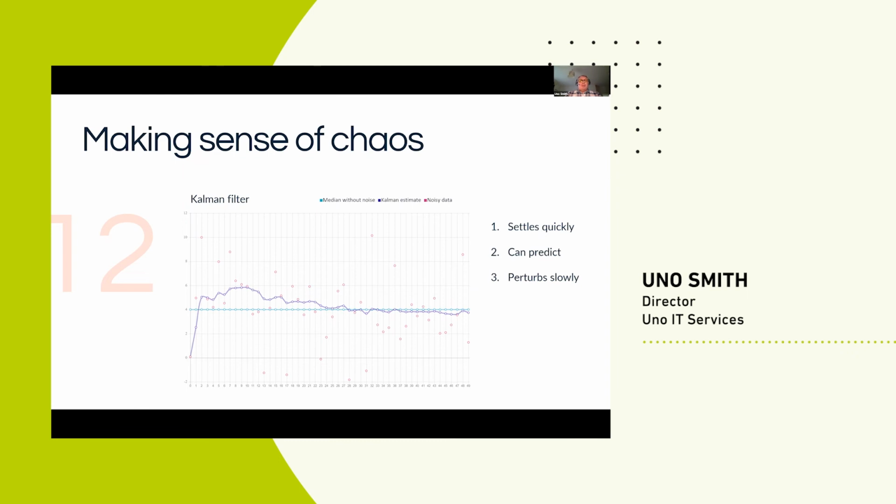You can see that it settles fairly quickly on something that roughly approximates the clean mean data set that we expect. So it reduces the noise very quickly into an average data set. It's also very quick for processing. There are some amazing Kalman filter algorithms, and it's definitely worth doing.